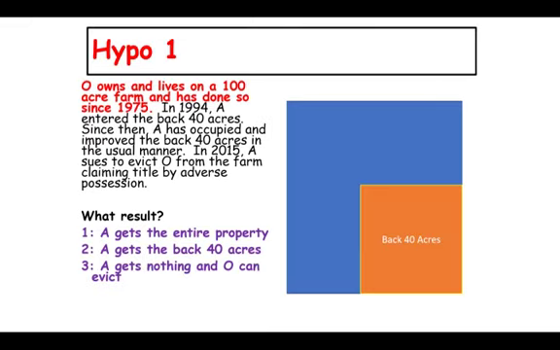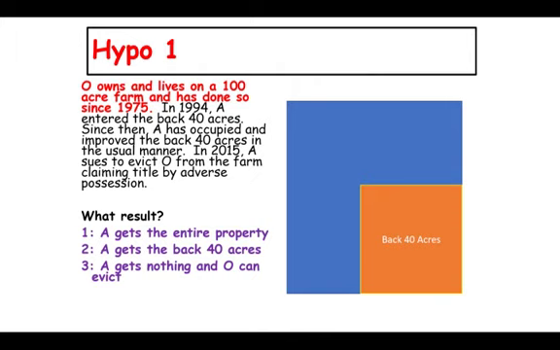So here's a hypothetical. This is our lovely 100-acre square farm, and O owns and lives on this farm. O has owned this farm for a long time, since 1975, and in 1994, A enters the property adversely, enters the part of the property that O doesn't go to anymore.